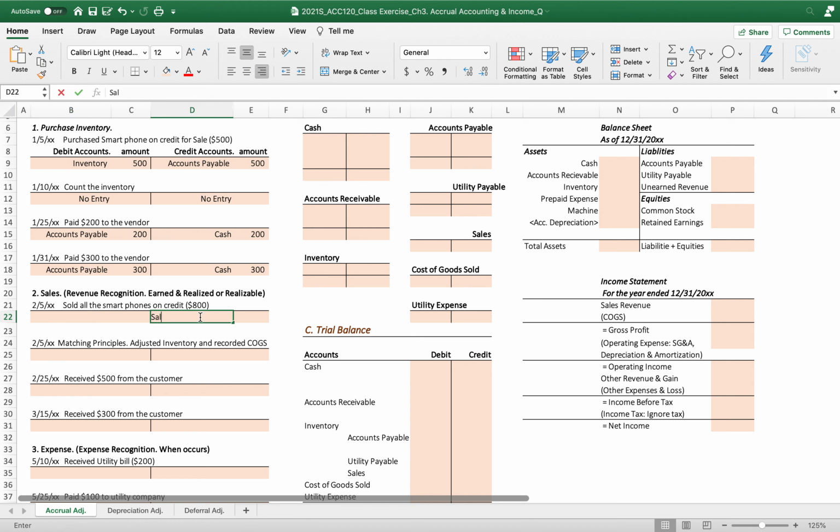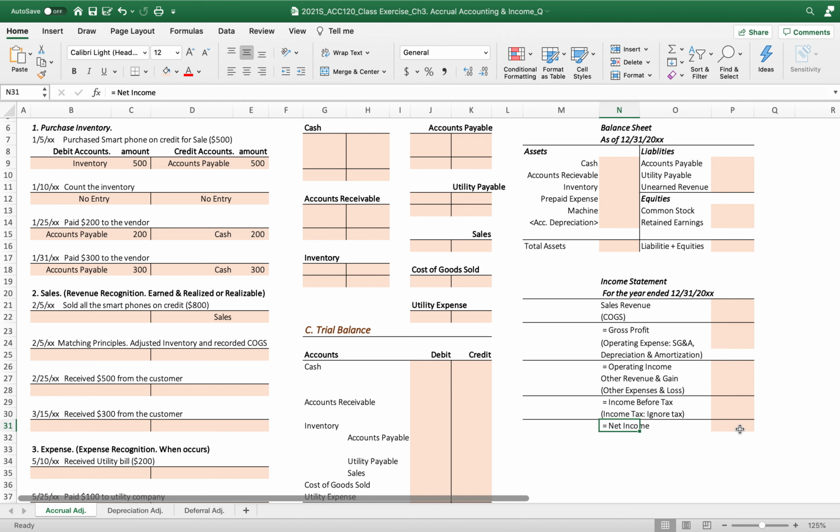So let's record sales. Why should sales be recorded on the credit? Because sales is an equity account, right? Why is it an equity account? It's an income statement account. As you can see, the income statement accounts end up in net income, sales minus all the expenses.